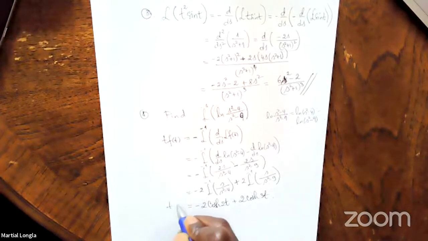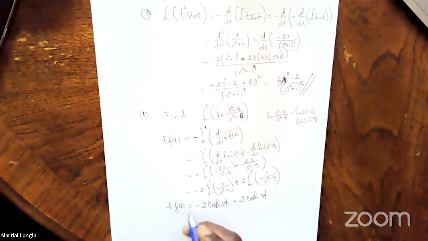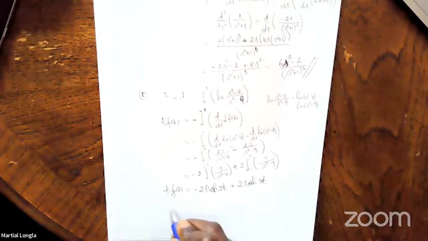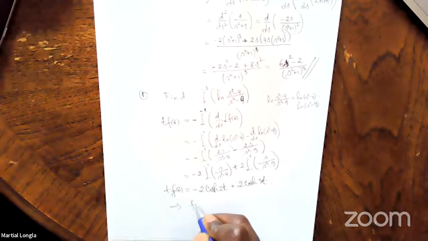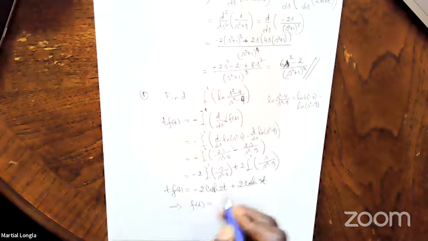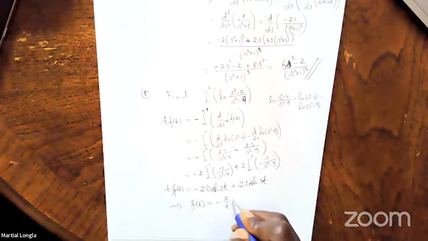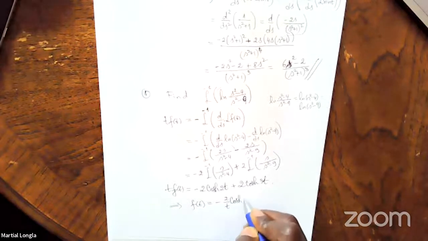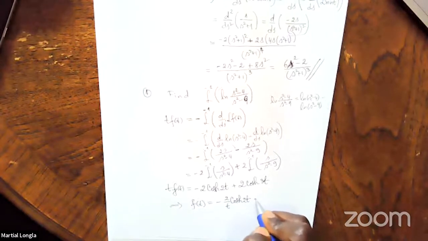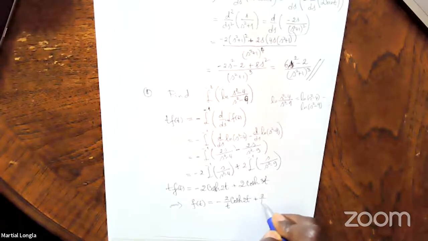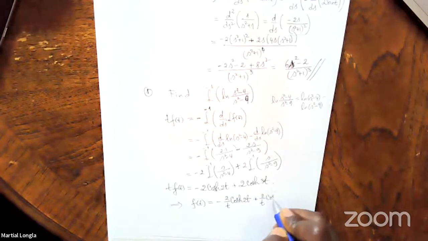And so that is t f of t, which leads to f of t equals negative 2 over t cosine hyperbolic of 2t plus 2 over t cosine hyperbolic of 3t.